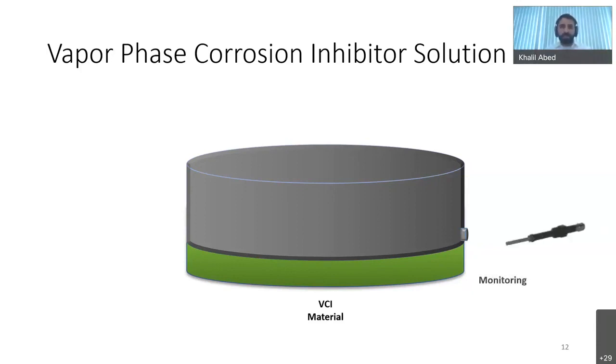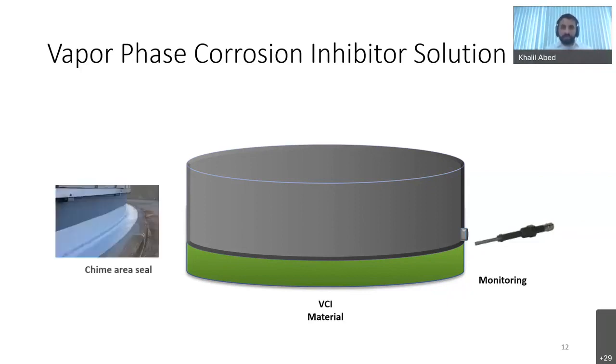The second component is the monitoring system. We introduce a corrosion monitoring system to monitor the corrosion before and after the introduction of the vapor phase corrosion inhibitor material. The third component is a chime area seal system to close the gap between the annular plates and the ring wall. The fourth one is the delivery system, on how you can introduce the vapor phase corrosion inhibitor slurry, liquid or powder.